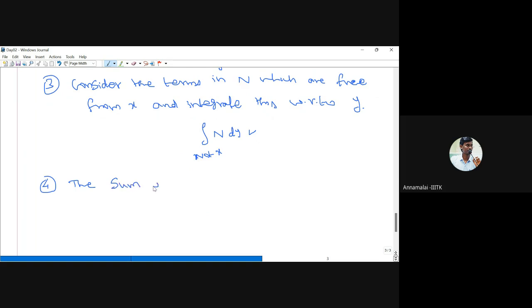The sum of these two equations equated to a constant is the required solution.